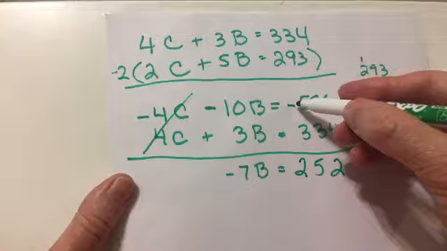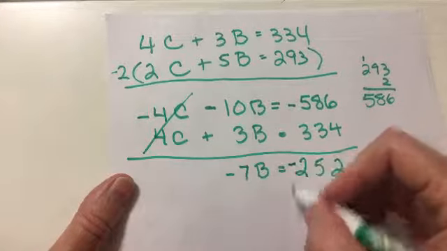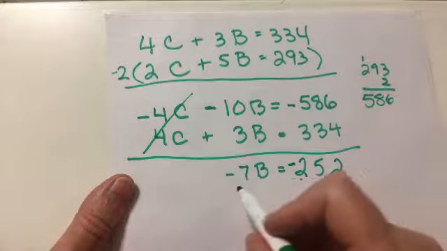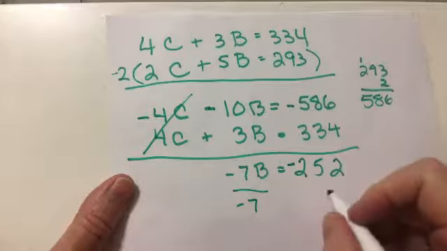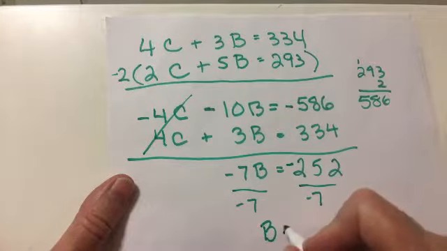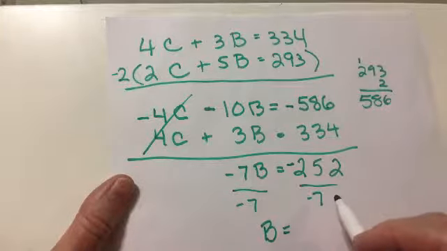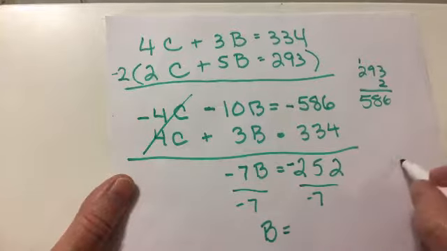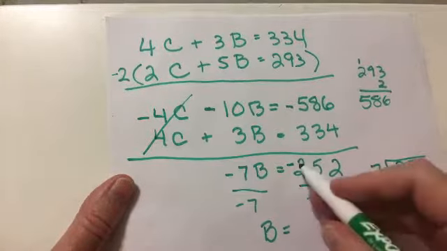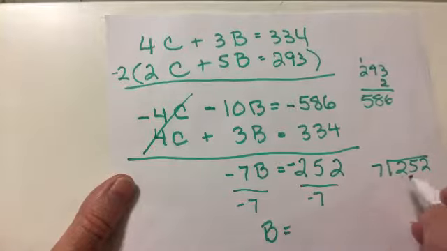But the result is negative because I take the sign of the greater valued absolute value. And I'm going to divide by a negative 7 and divide by a negative 7 to get B, the Jimmy Buffett tickets, would be 252 divided by 7 because my negative signs will cancel out here.